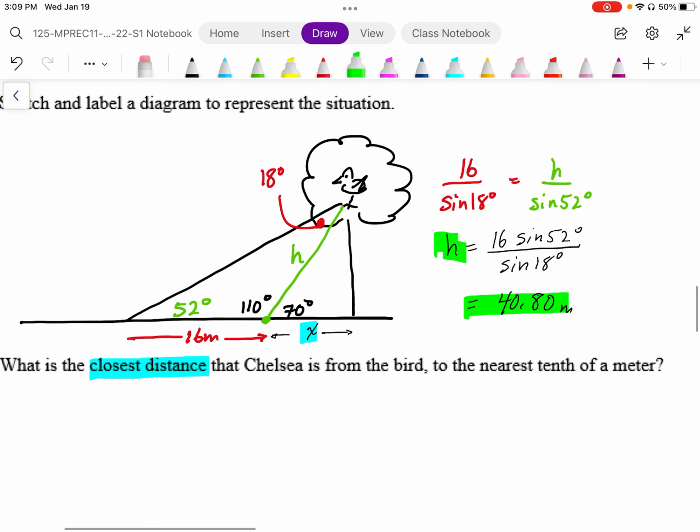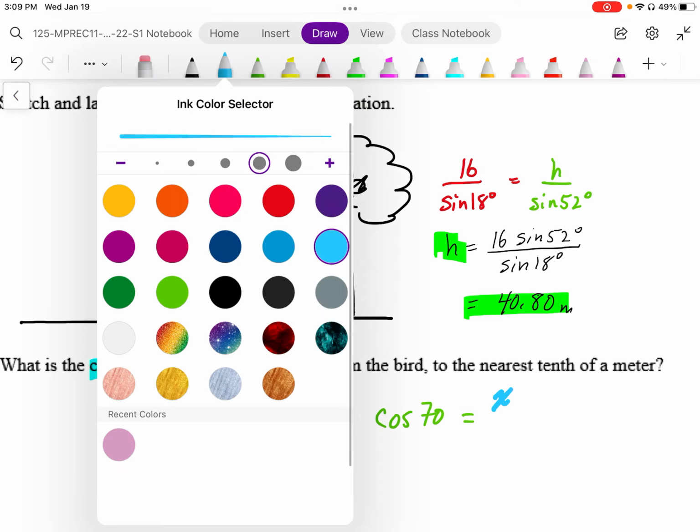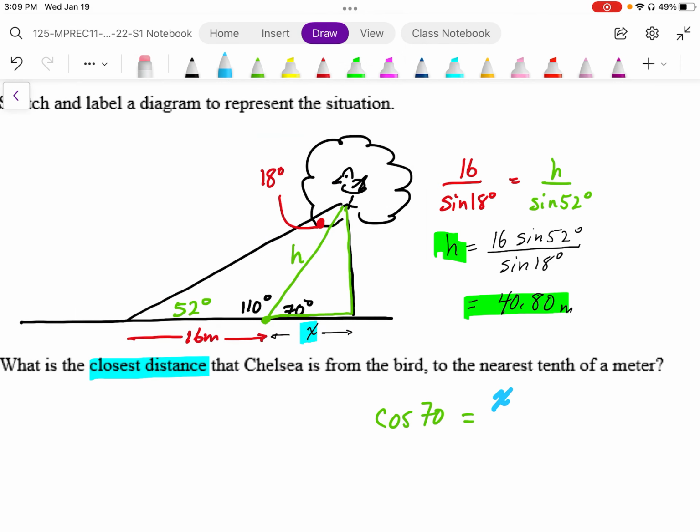So knowing that I have the hypotenuse of the other triangle here, which I'm going to just highlight in green, this triangle here, I have the hypotenuse of that triangle and I have an angle, I can now just use trig. So I know that the cosine ratio, so cosine of 70 degrees, is going to be the x length, which I'm looking for, divided by the hypotenuse.